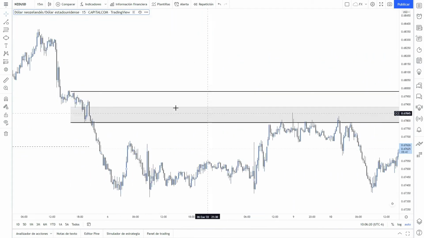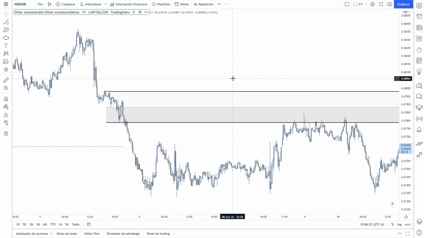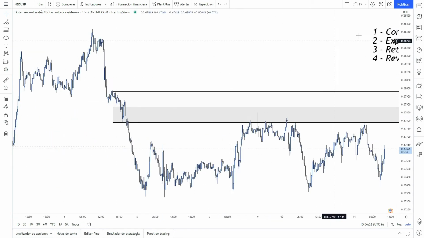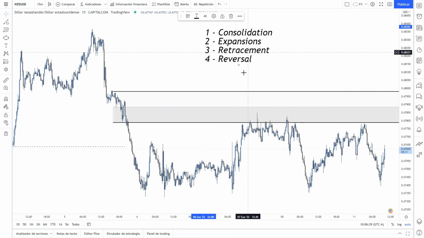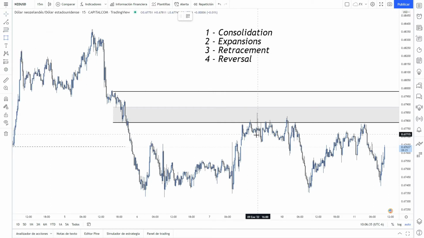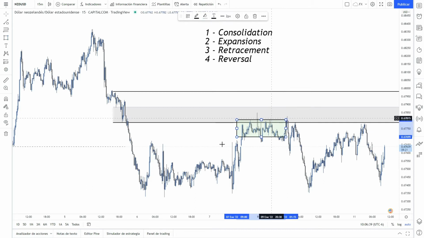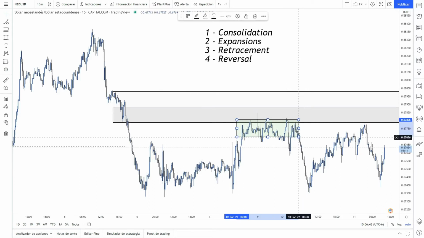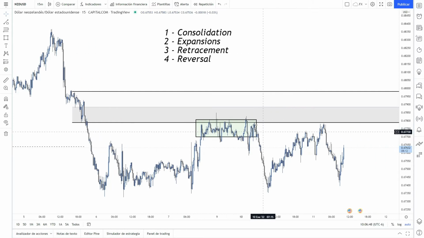When we go to the 15-minute time frame, you see that the price has the 4 stages here. Has all of them. Price did a consolidation right there. Price consolidated here. Then price expands. See, price expands after the consolidation.